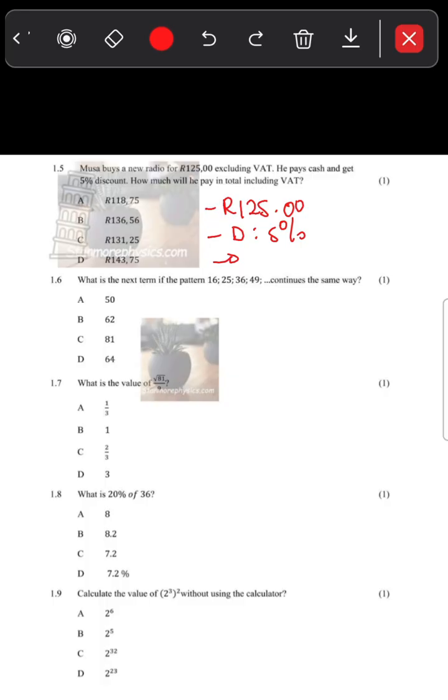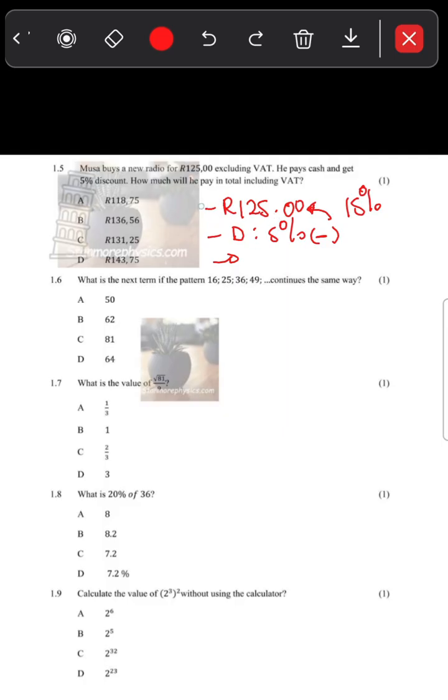And then he's supposed to make a total payment that has VAT, with your discount subtracted. So what you're supposed to do here first, you're going to add your 15% VAT, and then you subtract your discount, and then you get your answer. So here we're going to say 125 rand in your calculator multiplied by 15 over 100.